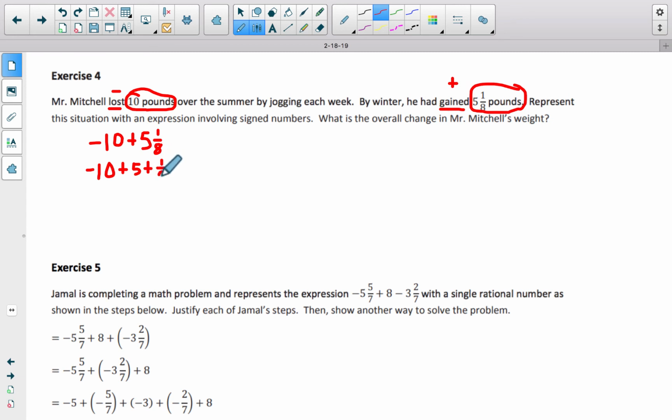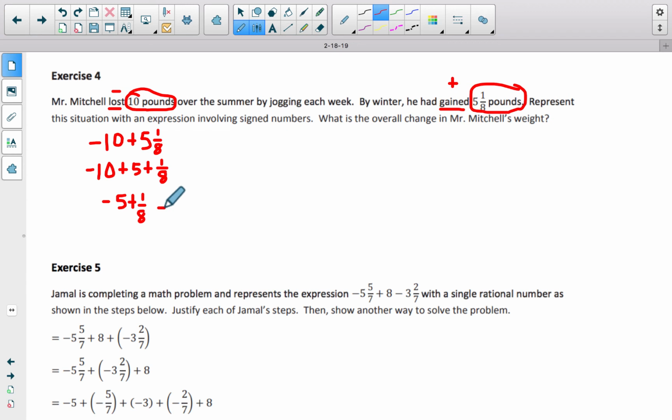Now, the reason I'm doing that is now I can add these two. -10 plus 5, those are different signs, so I'm thinking I'm really subtracting, and the negative is further from 0, so that is -5 plus 1/8.